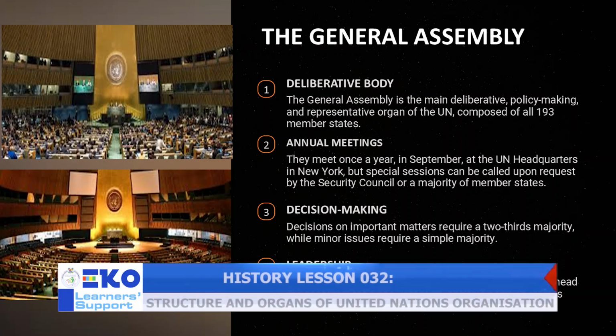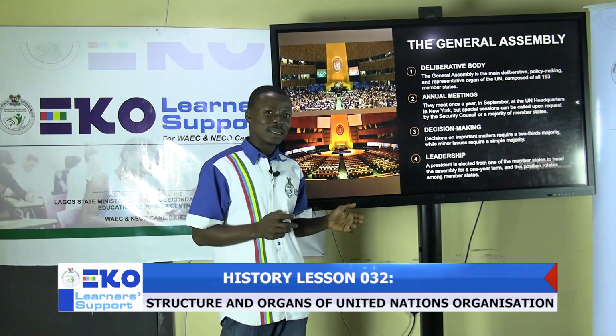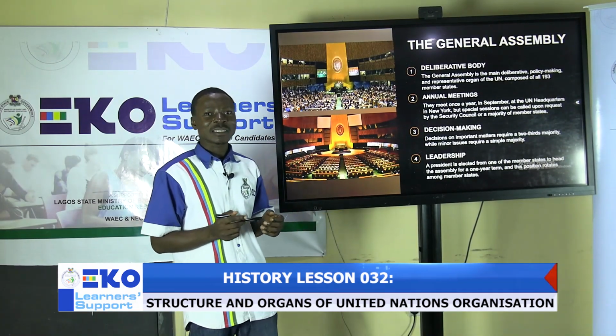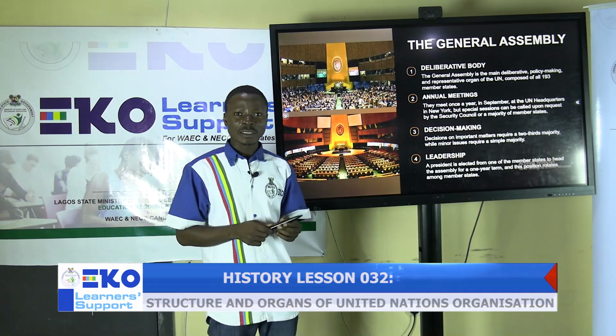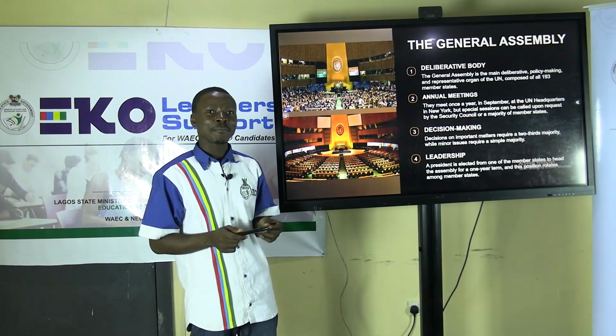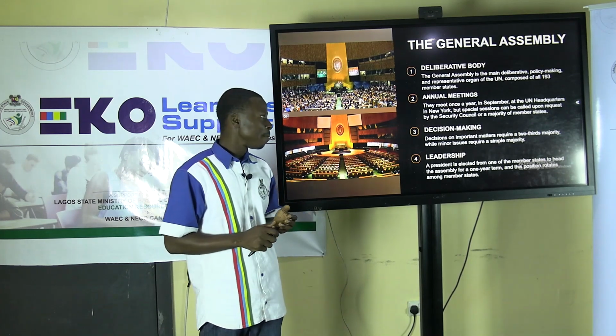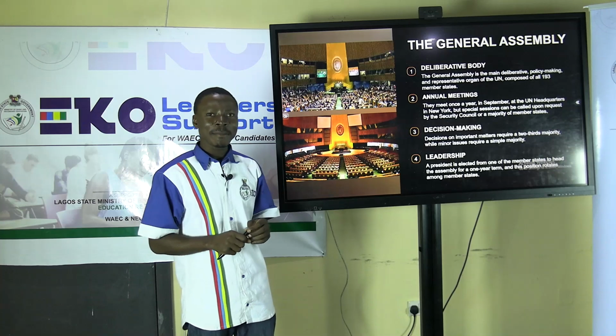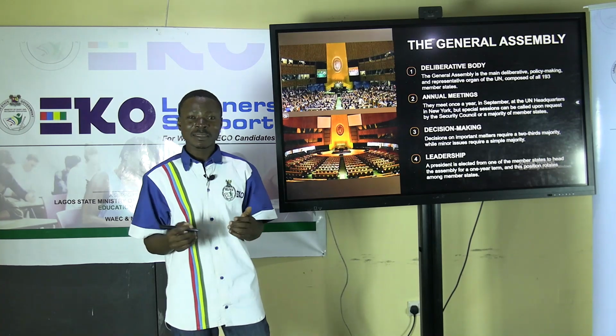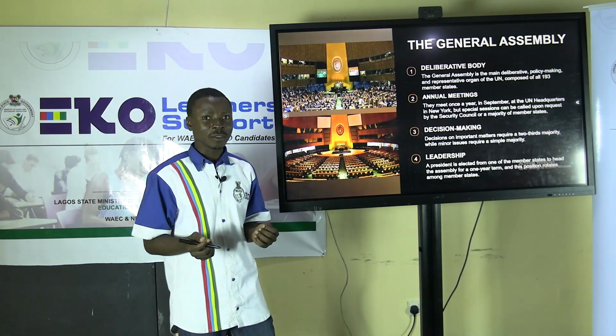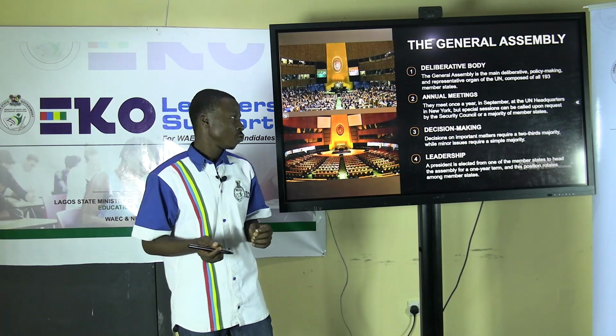The decision-making process of the General Assembly is in two ways. It is required to achieve a two-thirds majority on important issues like admission of new members, while minor issues within the Assembly require a simple majority vote for the decision to be reached.